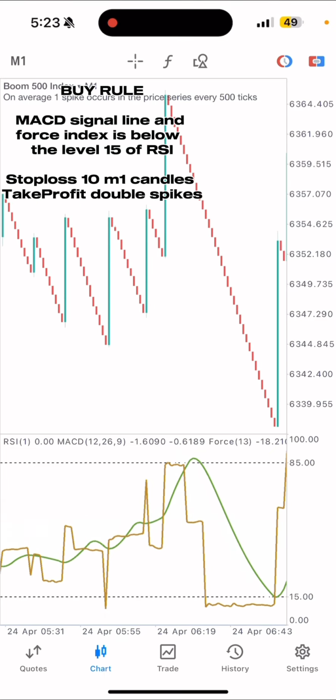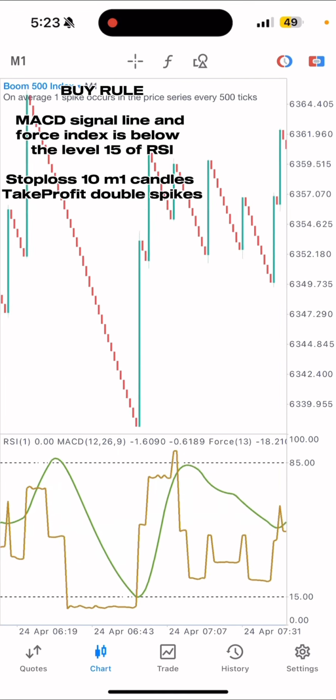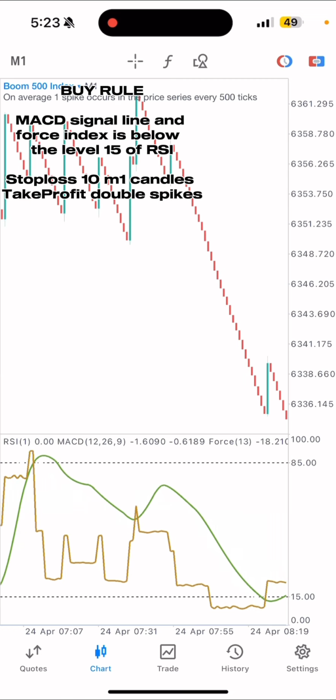Right around this point, as you can see, the MACD line touches the level 15 whilst the force index is trading below the level 15, then you get a spike. The same thing happens here, you get a spike.